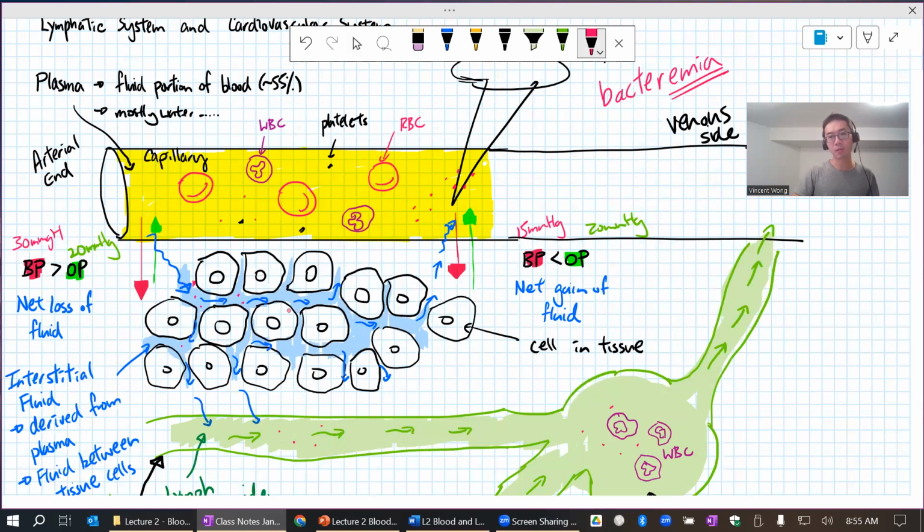Anytime you have "remia," it means it's in the blood. So this is bacteria in the blood, which could lead to sepsis, and that is a life-threatening situation. But typically you can keep it fairly contained in the tissue.